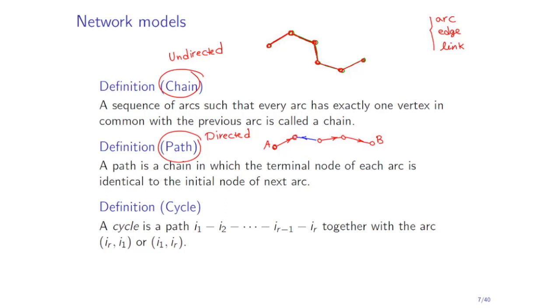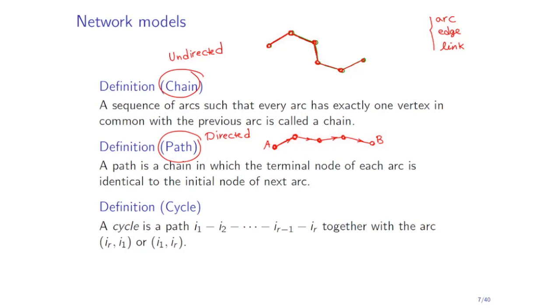You can go from A to this point I, for example, but you cannot go from I to J, and consequently you cannot go from A to B. So this is not a path. But in the original graph, this one, it is indeed a path. Okay, the sequence of the edges is a path from A to B.